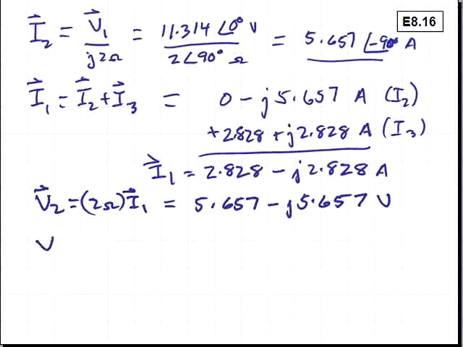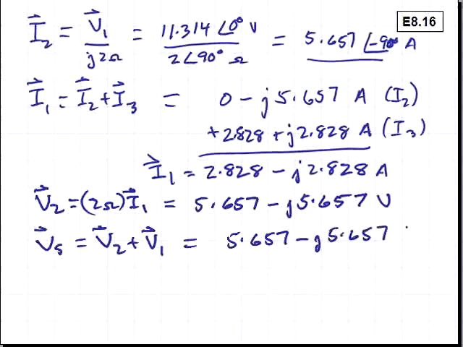And finally, V sub S by KVL is equal to the V2 we just calculated plus the V1 quantity which we previously determined. So that sum will be 5.657 minus J 5.657 volts, and we add to that 11.314 plus J0 volts.